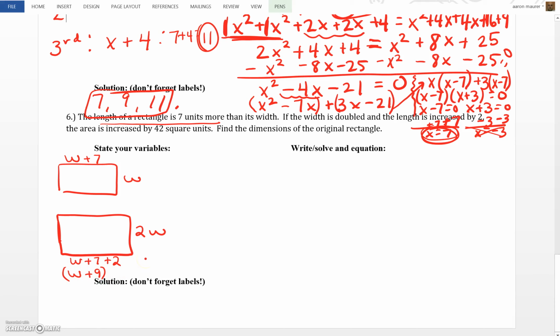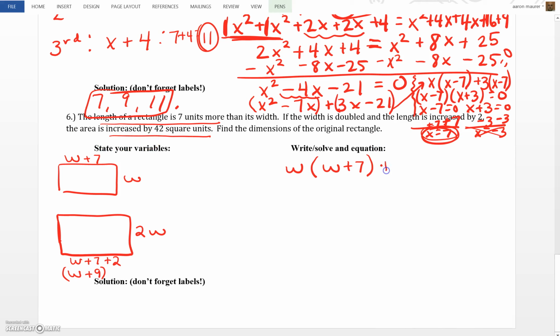If we go back and look at that, it says that when we do that, the area is increased by 42 square units. So what I need to do is first find the area of the original one. So I do length times width. And then when I go, it says that it is 42 square units larger.